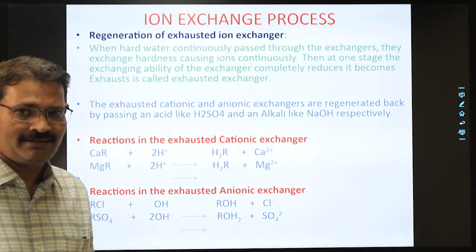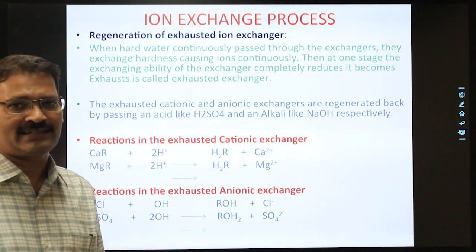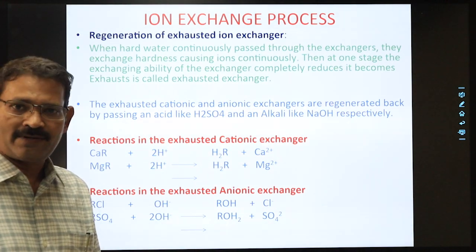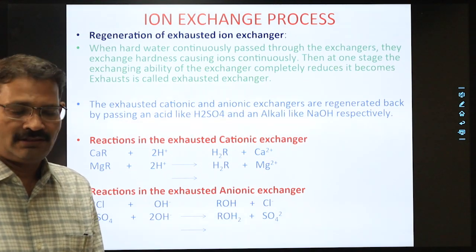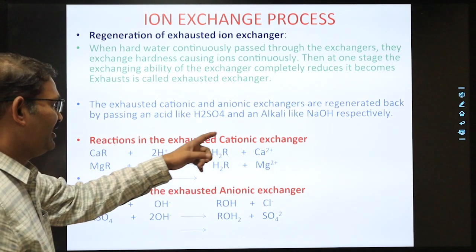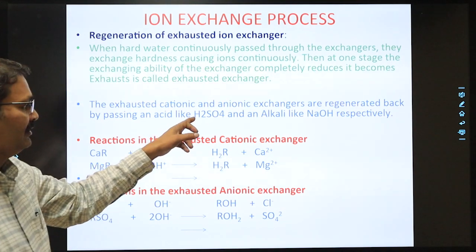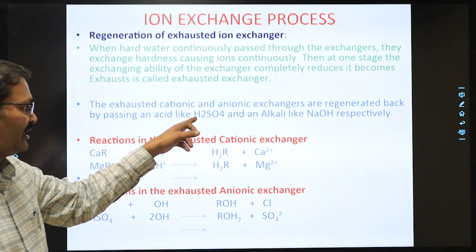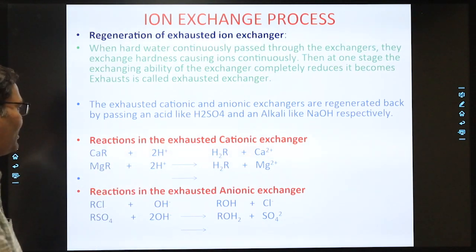How can we regenerate? By just passing acidic, active H plus ion containing solutions, or by adding OH minus active solutions. So the anionic exchange resin can be regenerated with NaOH solution, and the cationic exchange resin can be regenerated with H2SO4 solution. So these are the reactions.